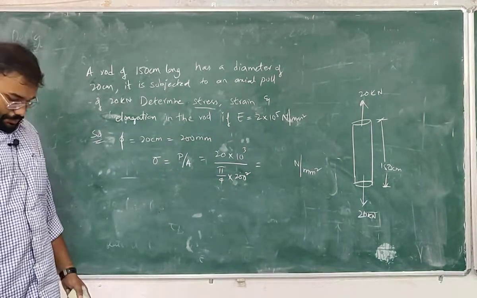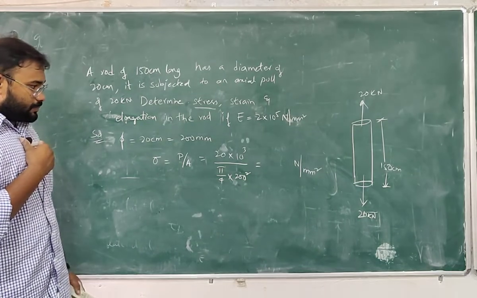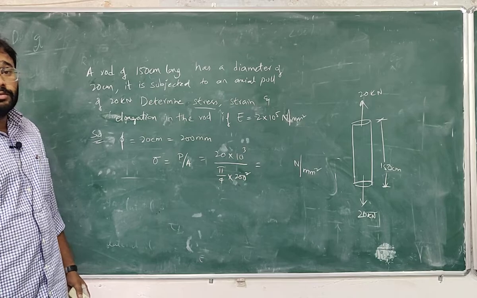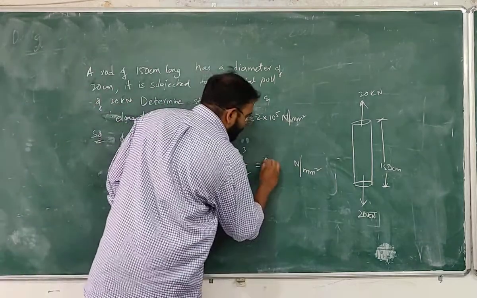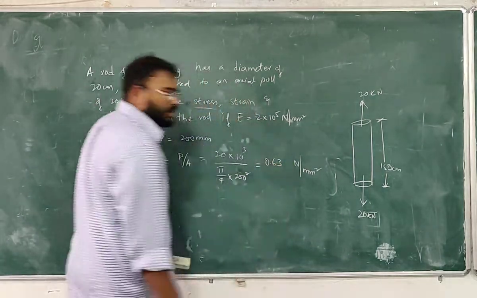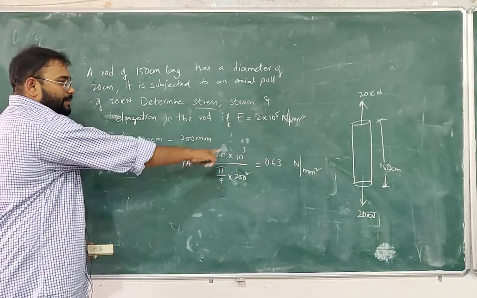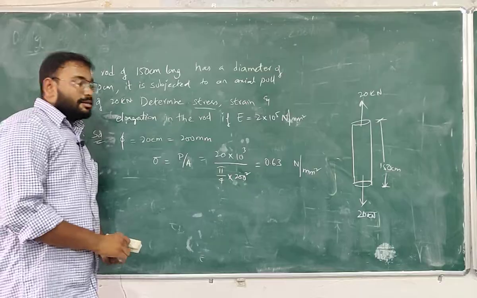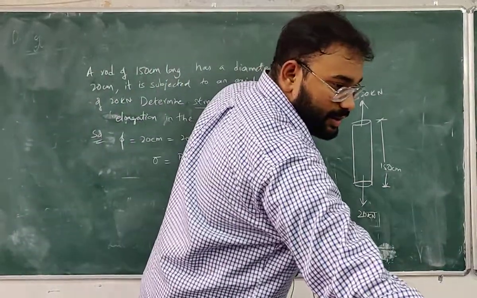Please solve fast. Please check your answer. 20 10 power 3 divided by pi by 4 into 200 square.